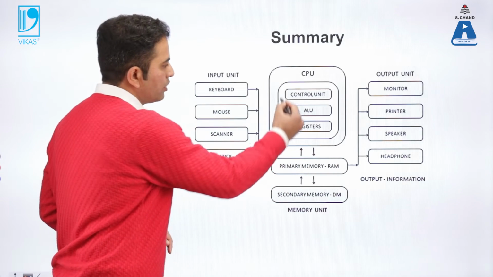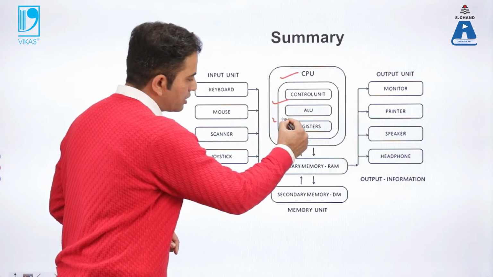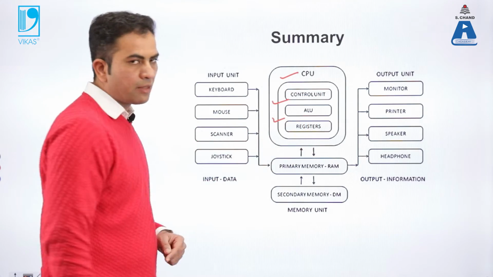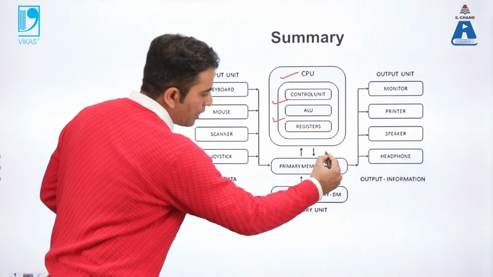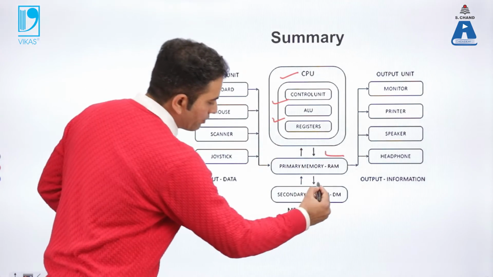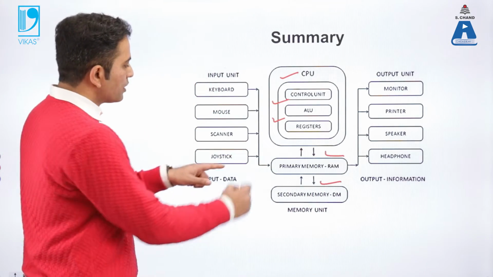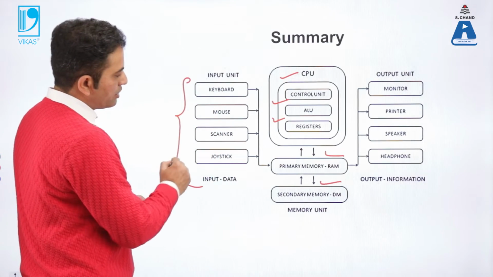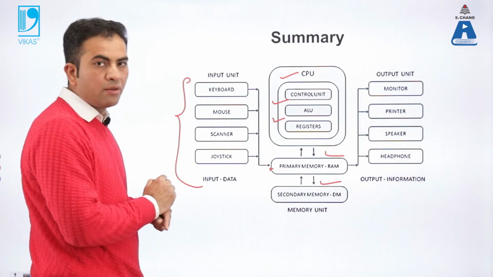This is the summary of our computer system. The CPU consists of the control unit, arithmetic logic unit, and various registers. These registers are a part of the ALU and control unit. And this CPU is connected with the RAM. Our RAM is connected with our hard disk, or you can say secondary memory or permanent storage device. And all these input devices are connected with our memory, that is called primary memory.